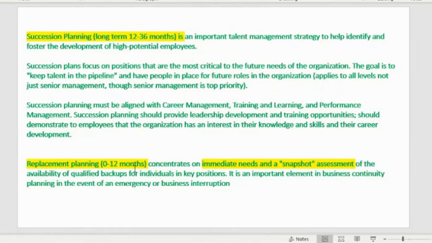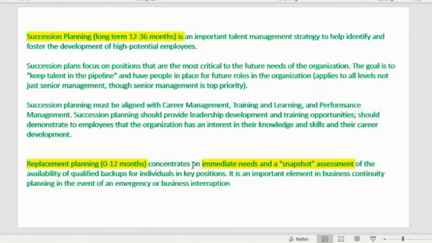And replacement planning is more of an operational HR activity. As you can see, it's 0 to 12 months. It concentrates on the immediate needs and provides a snapshot assessment of the availability of qualified backups for individuals in key positions.